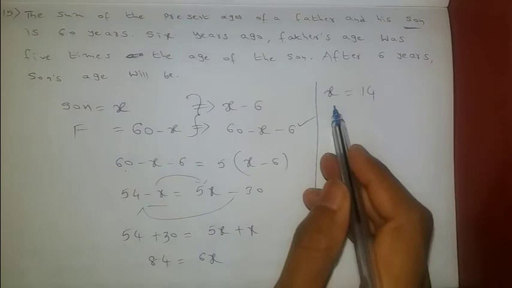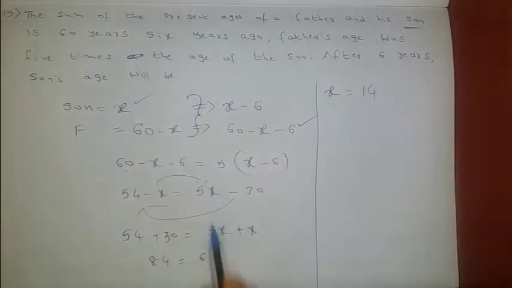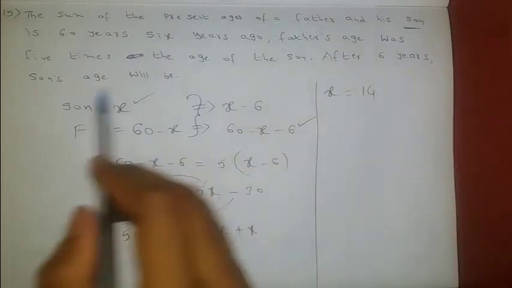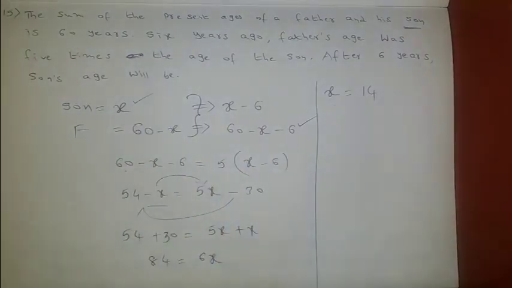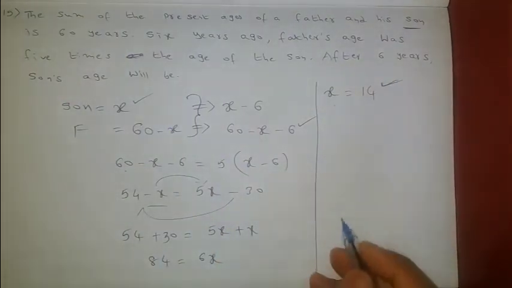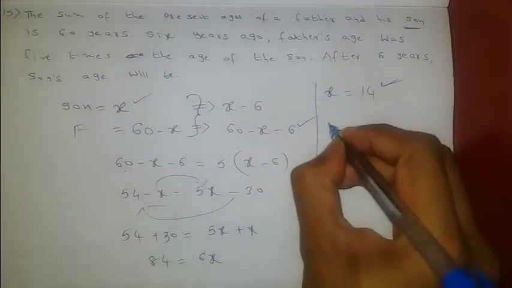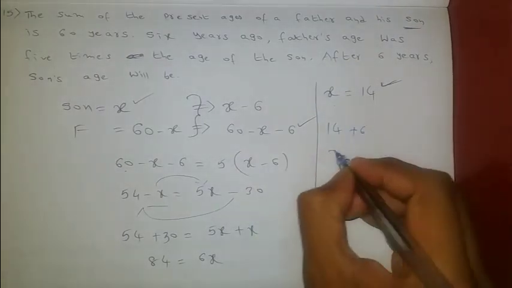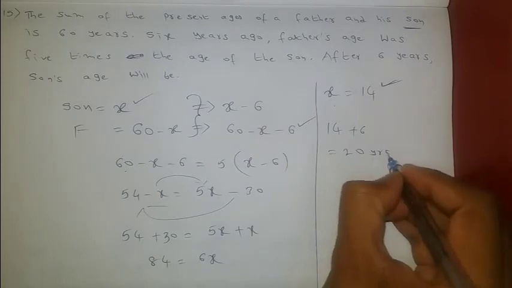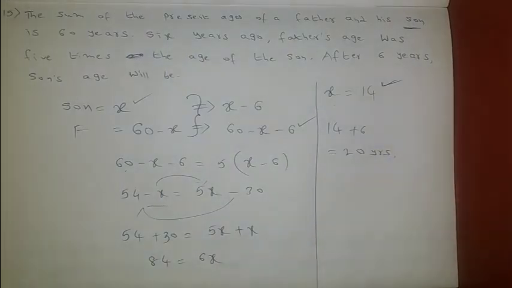That x is 14, x is nothing but the son. Then what is asked in the question? After 6 years, what will be the son's age? The present age of the son is 14 years. Then after 6 years, 14 plus 6, that is nothing but 20 years. After 6 years, the age of the son will be 20 years.